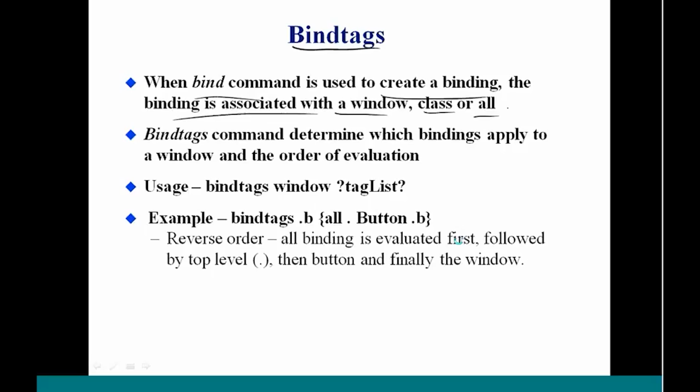So you can specify one of them. We saw this in the previous lectures. The bind tags command determines which bindings apply to the window and the order of evaluation. What does that mean? The usage is bind tags, window, followed by the tag list.